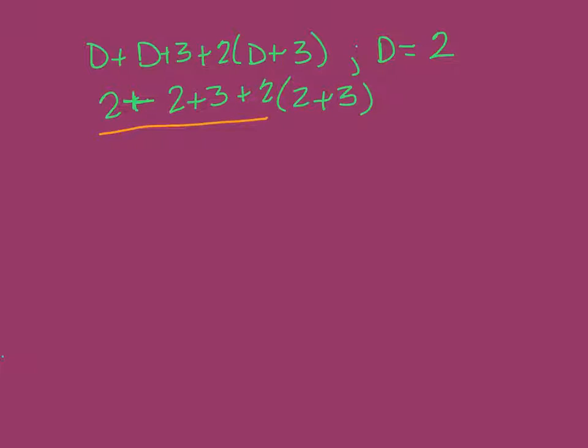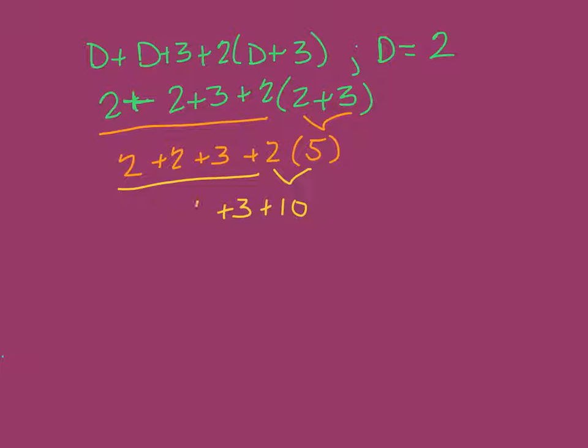So I'm going to follow my order of operations, which means I do what's inside the parentheses first. I know that 2 plus 3 is 5, and now I bring down the rest of my problem. Still following my order of operations, I know I multiply before I do all of this addition. 2 times 5 is 10. Bring down the rest of my problem.